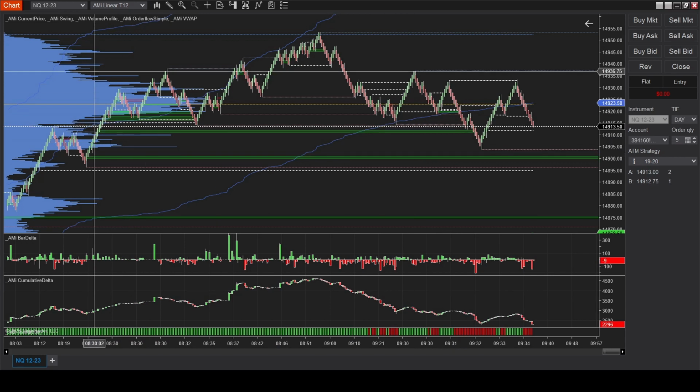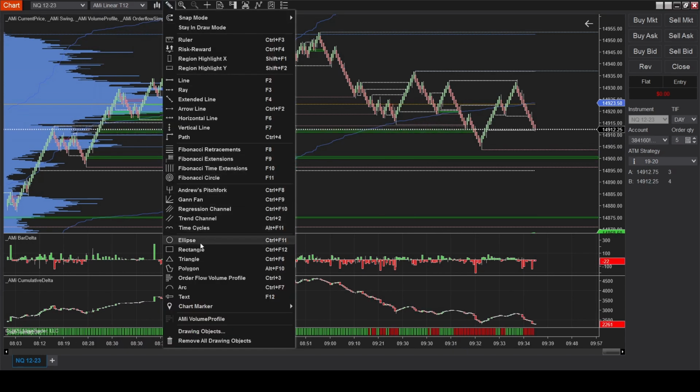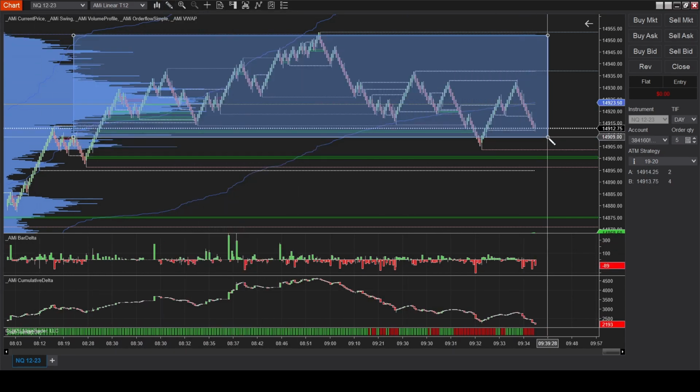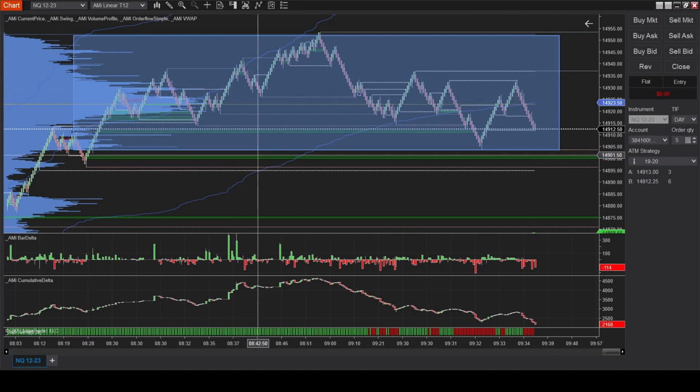So in this whole consolidation area, we might have a nice range all over here.